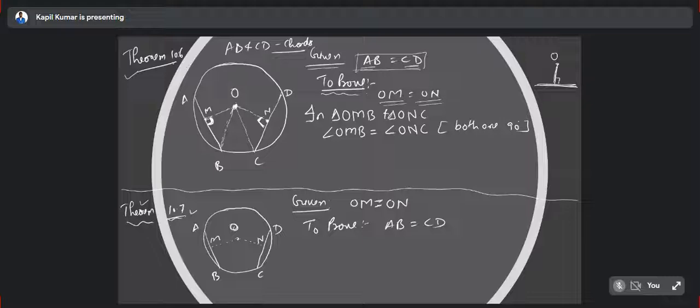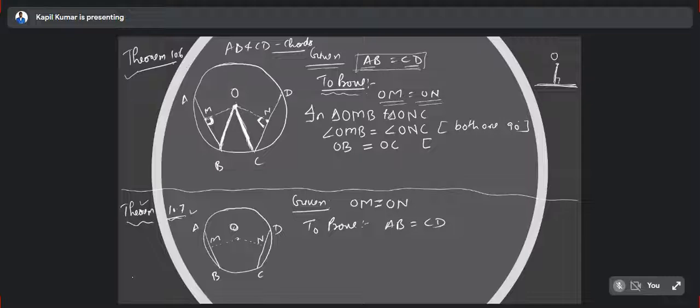So what is the other thing you can say is equal? It is OB equal to OC. And why? Sir, they both are right angle triangles? No, right angle triangle means 90 degrees. But the length O to B and O to C will be equal.